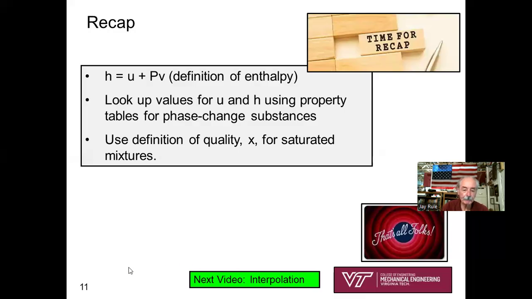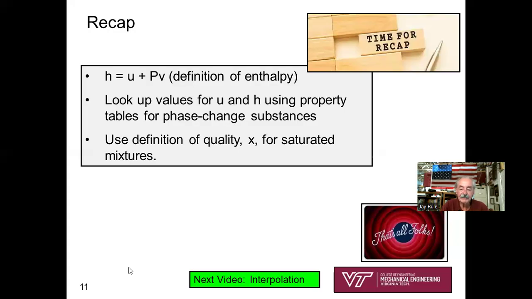Next up is interpolation. In my examples in the videos, the numbers that I've selected magically showed up in the property tables. Well, in the real world, we end up with pressures or temperatures or both that are not explicitly listed in the tables.